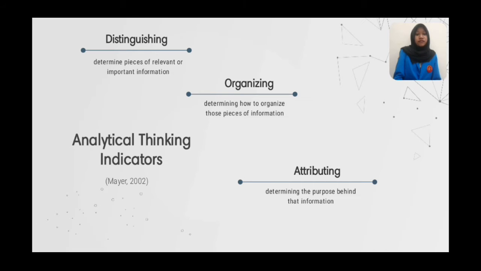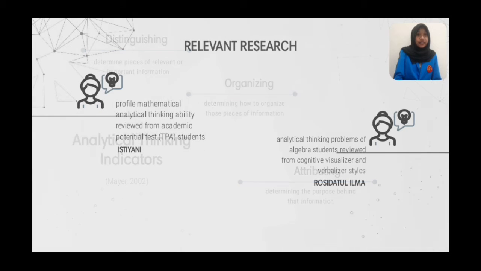Next, some of the results related to analytical thinking are research conducted by Istiani with the title Profile of Mathematical Analytical Thinking Ability Reviewed from Academic Potential Test, students of SMP Istiqomah Sabas Purbalingga.